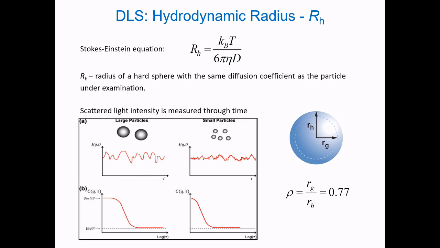The thus determined hydrodynamic radius is actually the radius of a hard sphere that has the same diffusion coefficient as the particle under examination. From both radii, we can also determine the so-called form factor, the value of which is characteristic for the particular macromolecular conformation or particle shape.